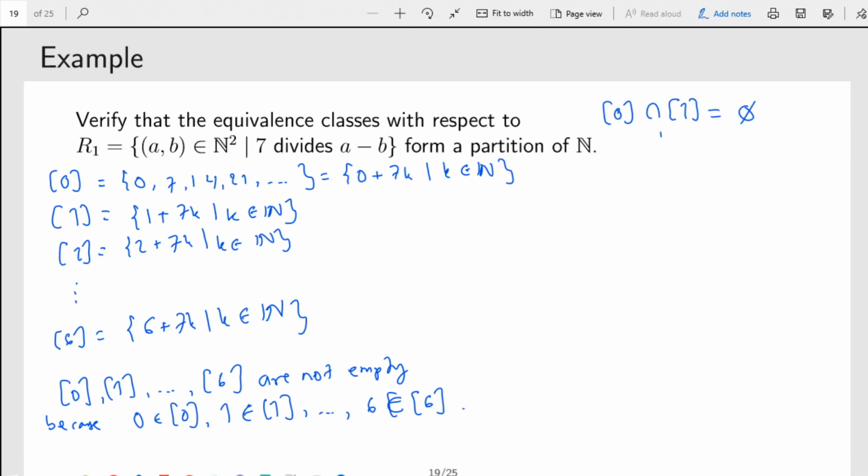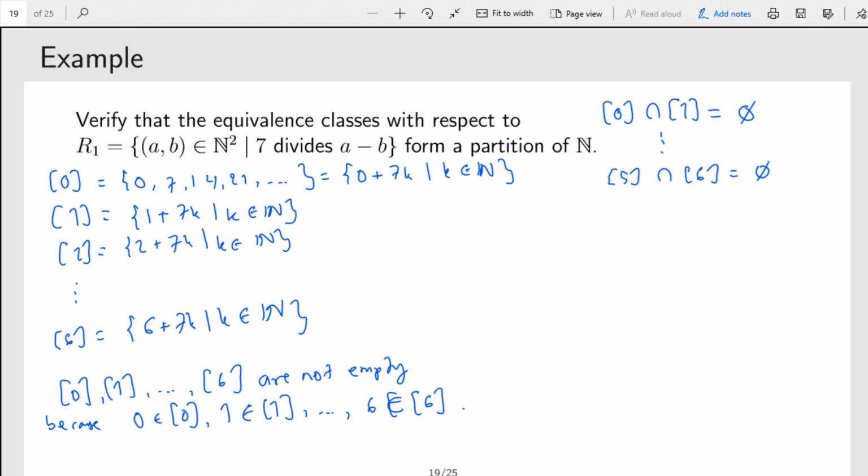And so on, right? So you check for each pair, for example 5 and 6 is empty. All pairs: 7 times 6 divided by 2, so 21 pairs of equivalence classes.